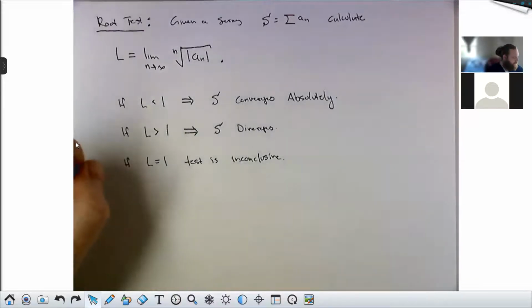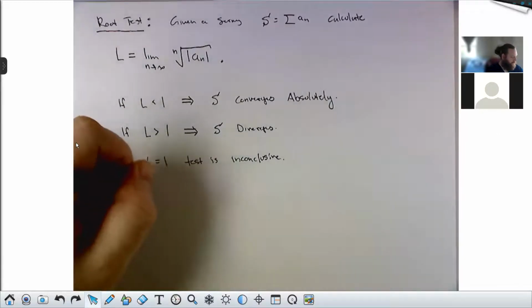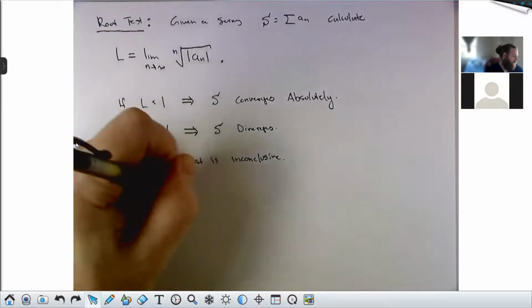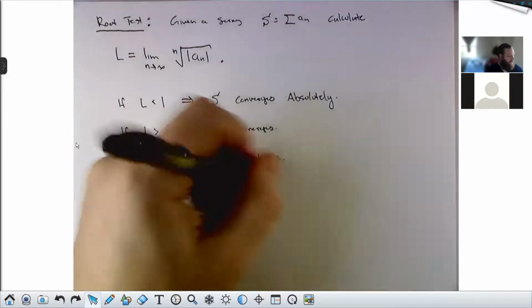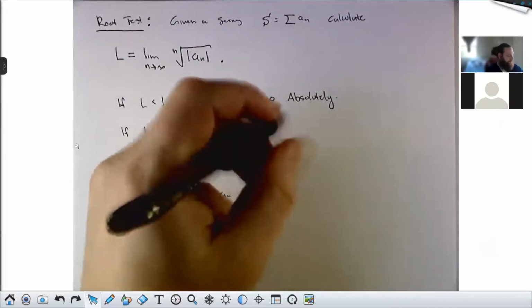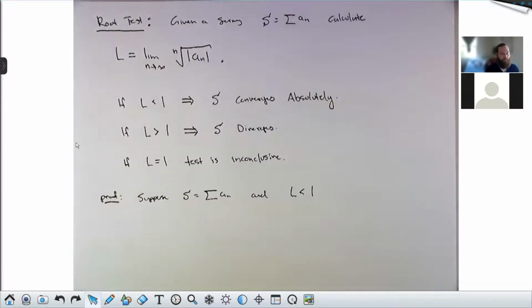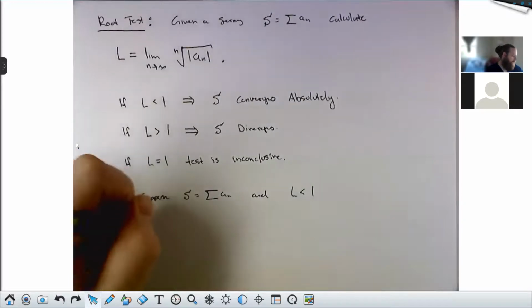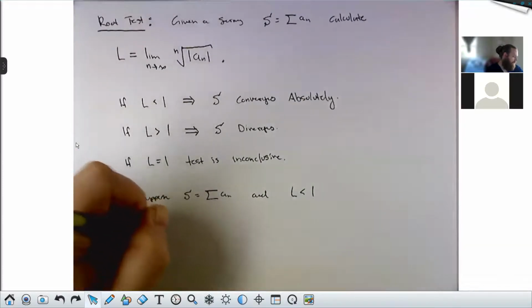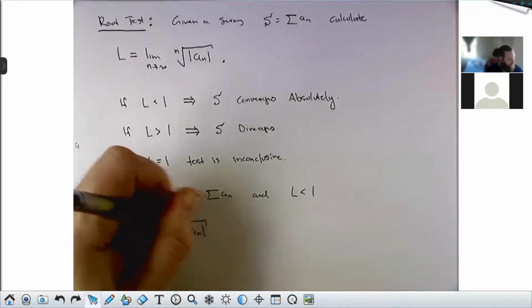I want to sketch for you a quick proof. And I'm just going to handle the first case here. Suppose S equals sigma an and L is less than 1, where L is the limit as n goes to infinity of the nth root of the absolute value of an.